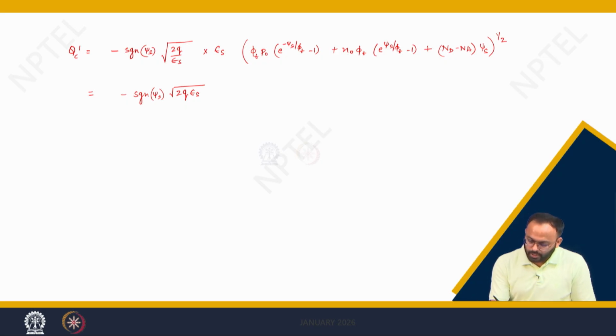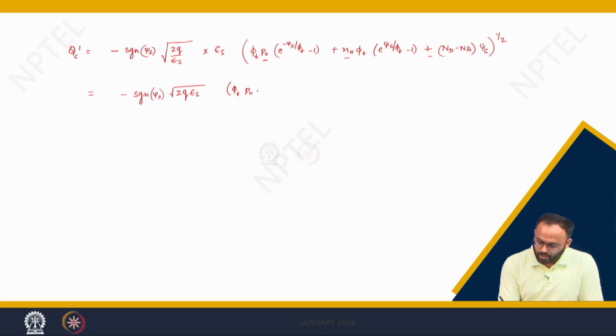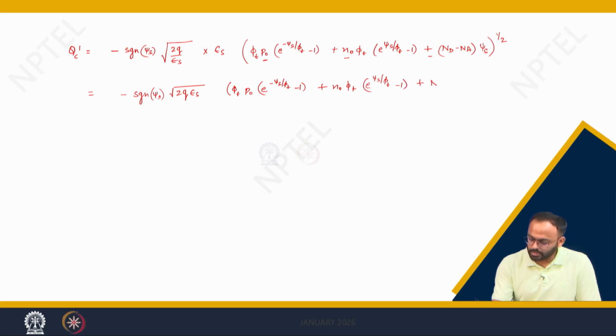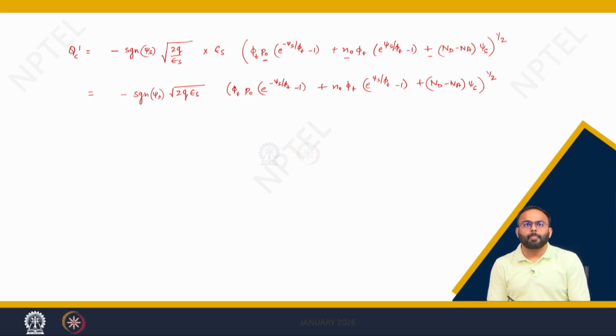Can I do something to calculate p0 from this structure or from this equation? Let us apply some boundary condition here. So, let me rewrite before: φt[p0 e^(−ψs/φt) − 1) + n0 φt e^(ψs/φt) − 1) + (Nd − Na) ψs] to the power half.